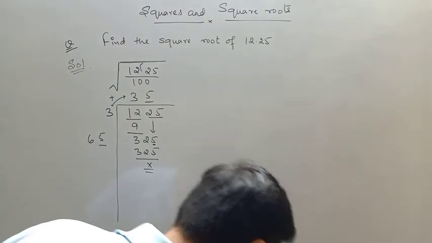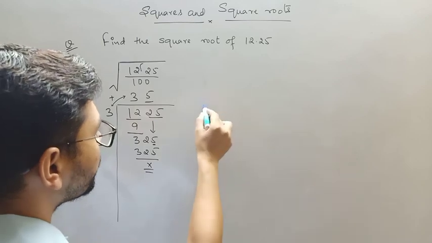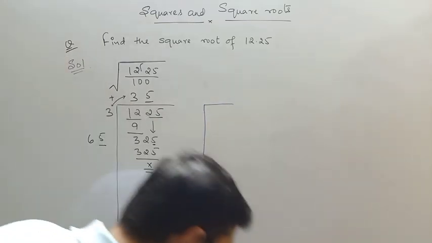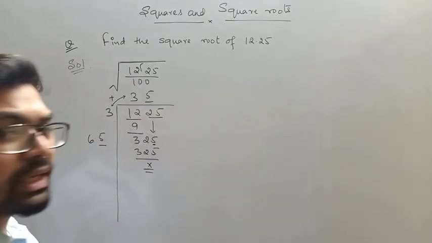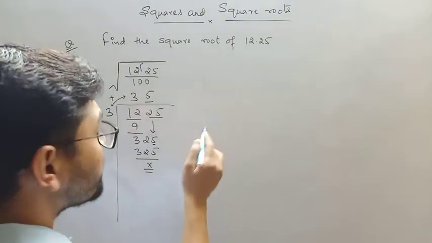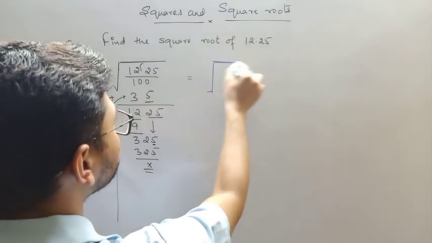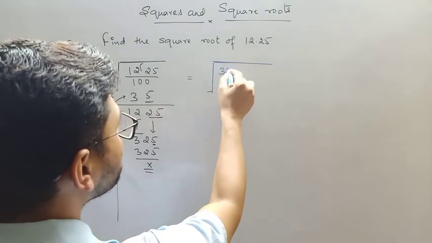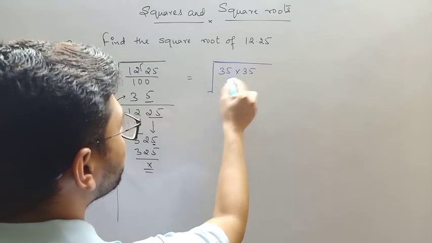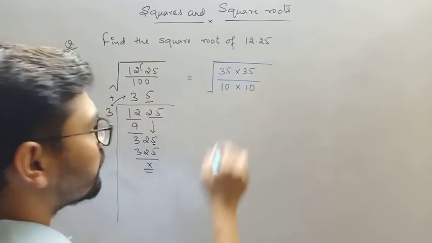Then the next term that I have is 100, the denominator. 100 can be simply written as 10 into 10. So 1225 can be written as 35 into 35, and 100 can be written as 10 into 10, right?